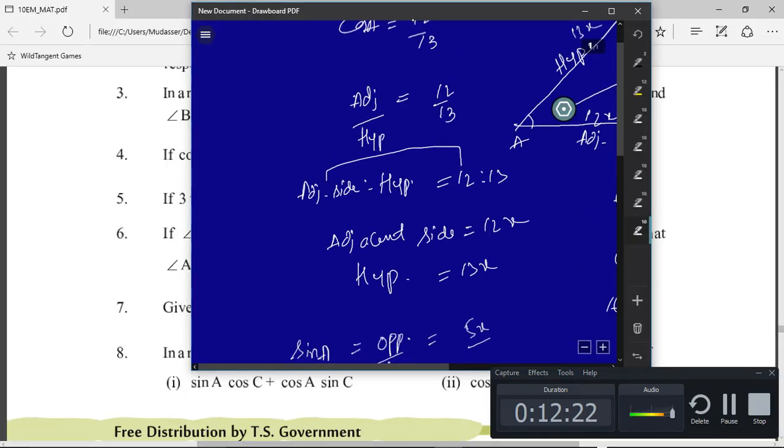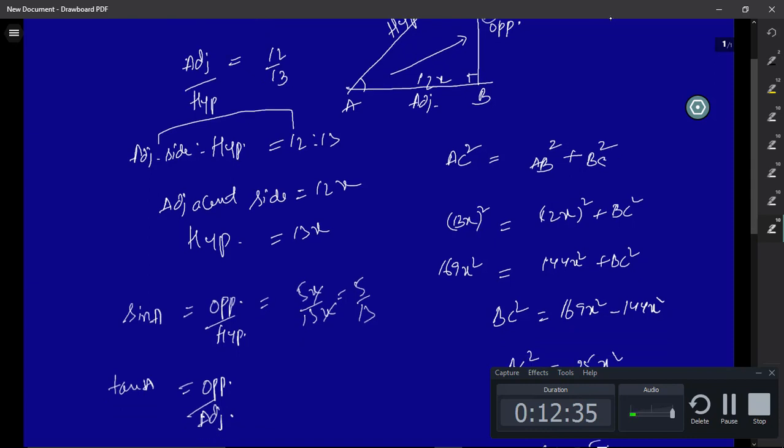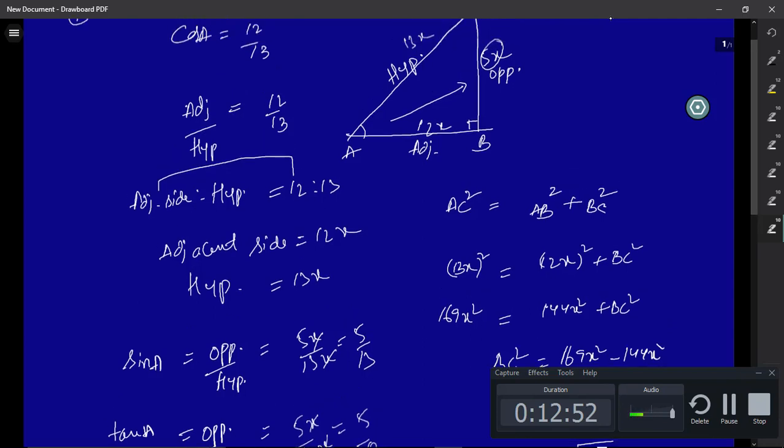Hypotenuse is 13x. X gets cancelled. The value of sin A is 5 by 13. Opposite side is 5x. Adjacent side is 12x. X gets cancelled. So tan A is 5 by 12.